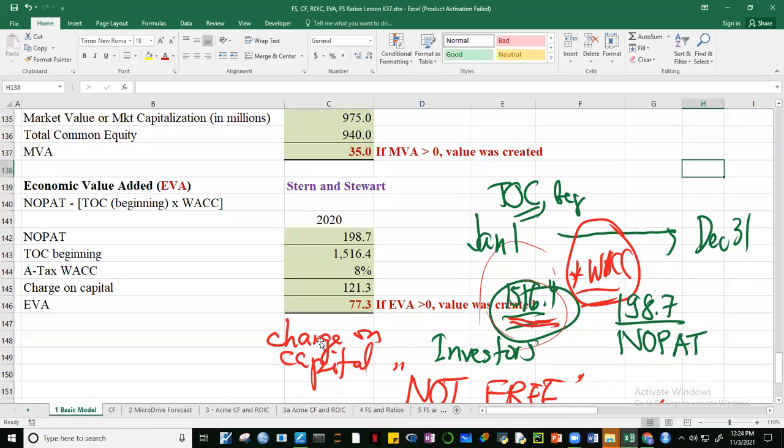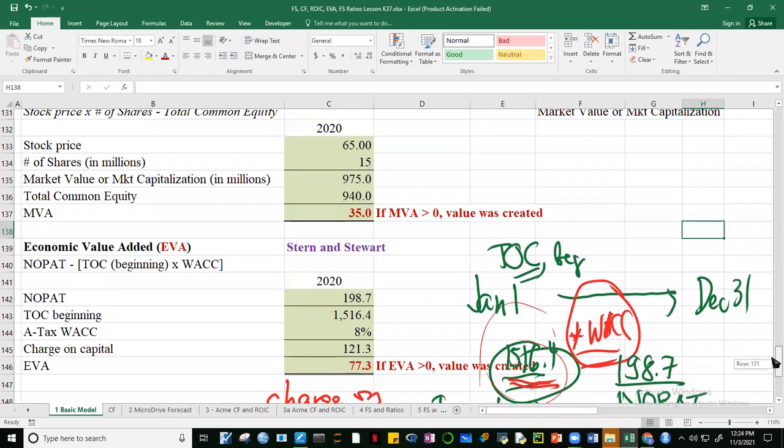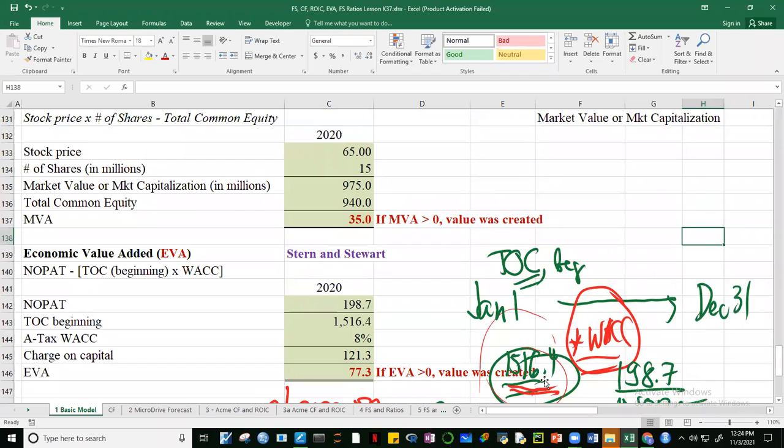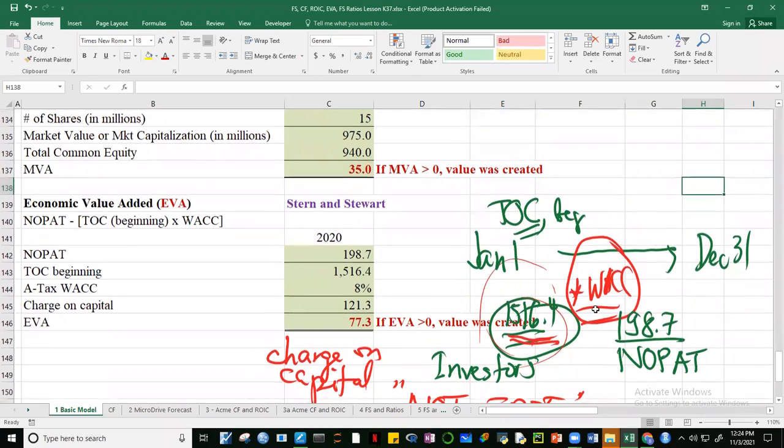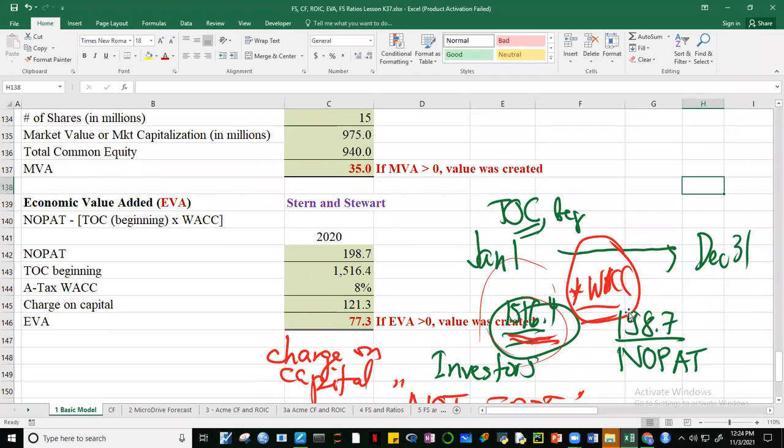So how did we compute the EVA? The story behind that is management was provided an operating capital of 16.4 at the beginning of the year. Now this capital is not free. So we're going to charge management with the use of this by multiplying this with the WACC. And we call it the charge on the capital, 121.3.